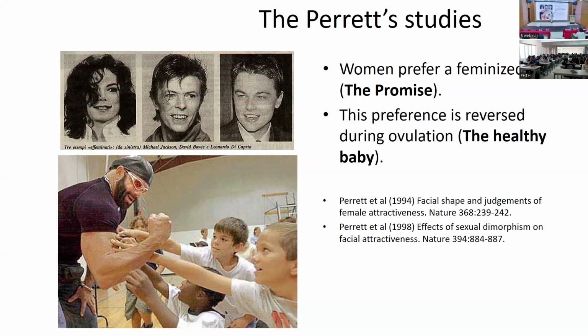The first strategy. Female face, female shape means I am good. I am a good man. I will protect you. I am more similar to you. But when she is ovulating, she needs good genes. So her interest is in the healthy baby, the healthy one.